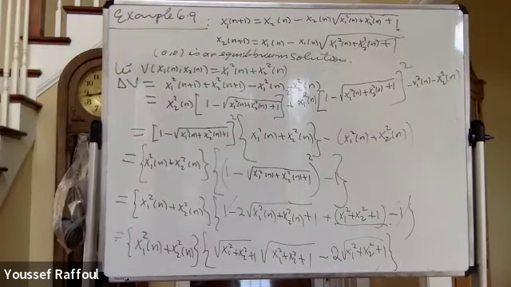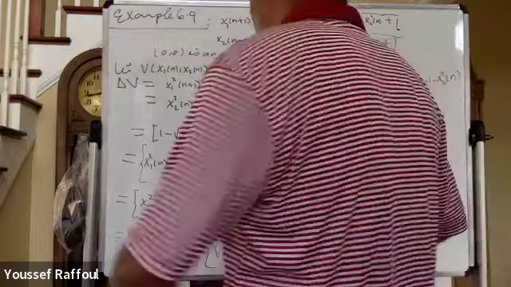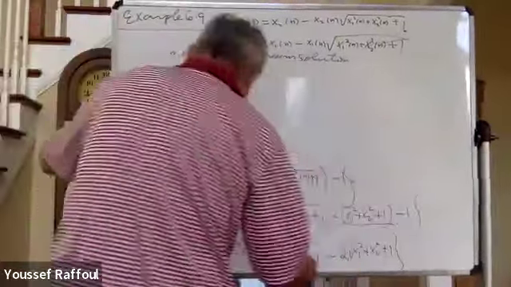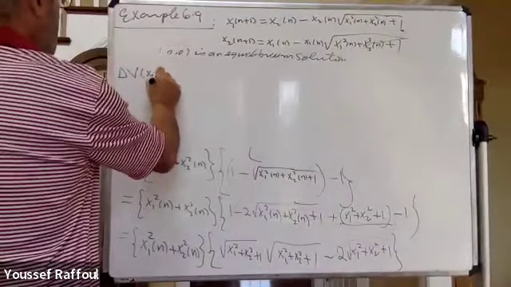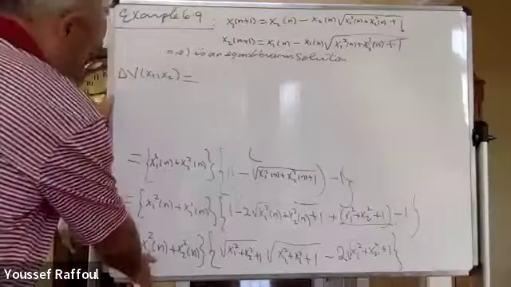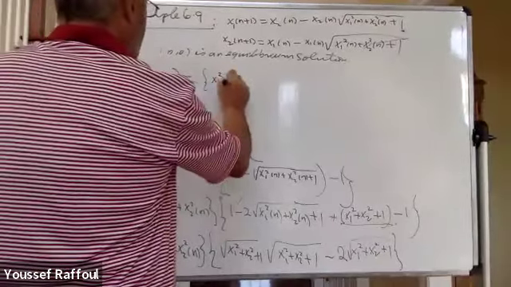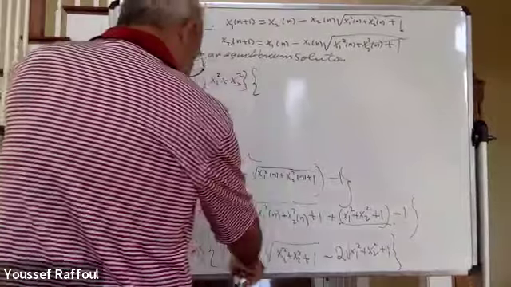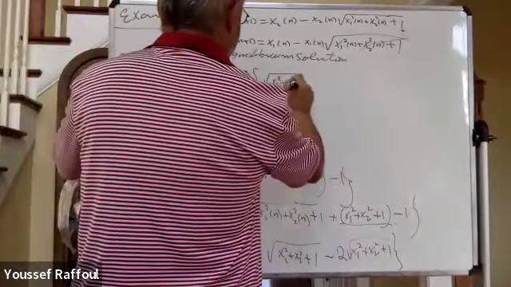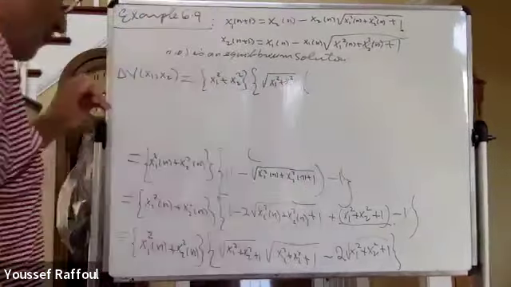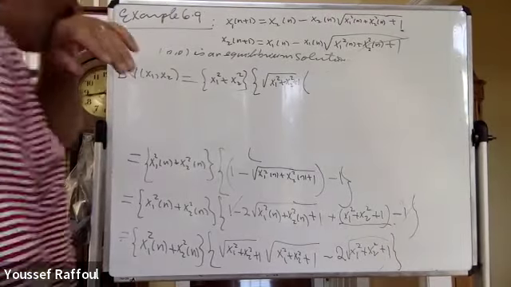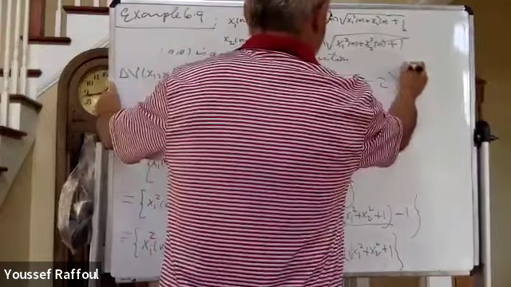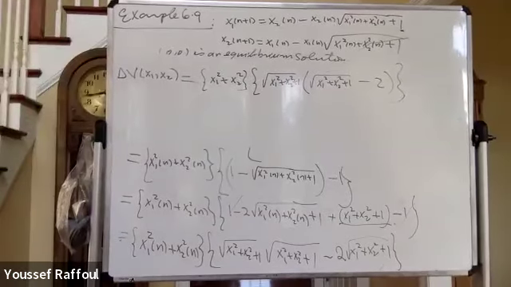Now, delta V of x1, x2 is this, which is x1 squared plus x2 squared times the square root of x1 squared plus x2 squared plus 1 minus 2. There we go.